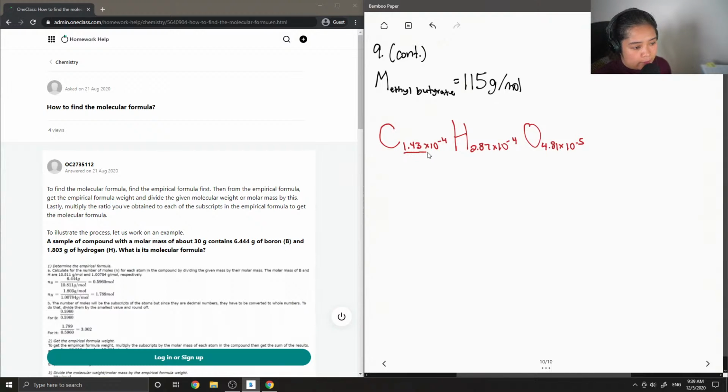Okay, so now let's divide by the lowest number, which was for oxygen. So we're dividing everything by 4.81 times 10 to the negative 5.